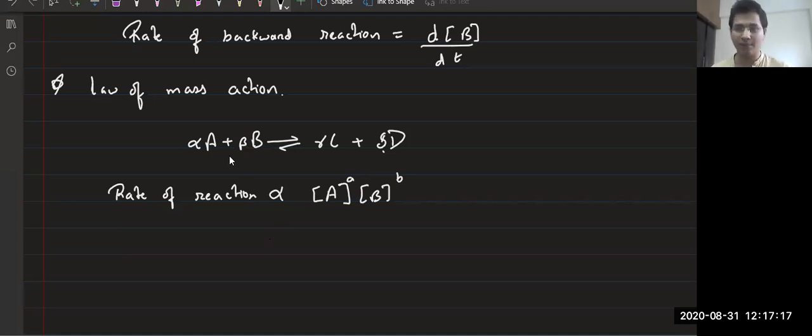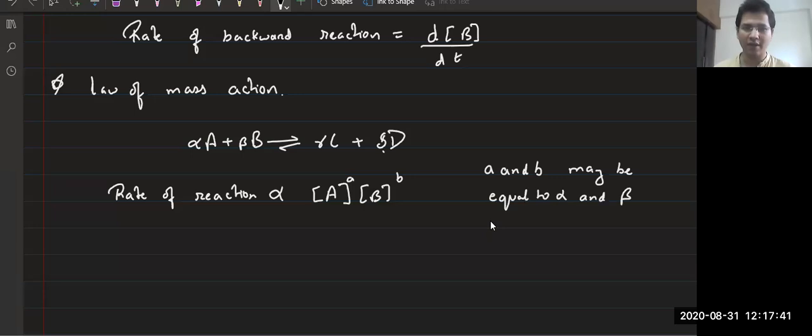Again, just remember this because this is something we have to study next year in class 12. For now, you just understand that a and b may be equal to alpha and beta, depending on the reaction.